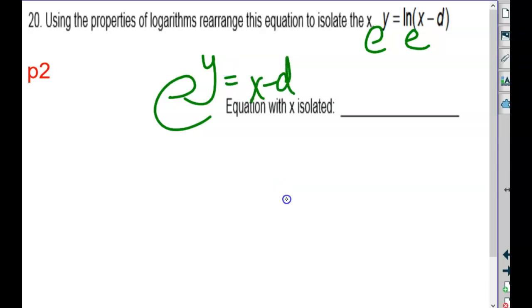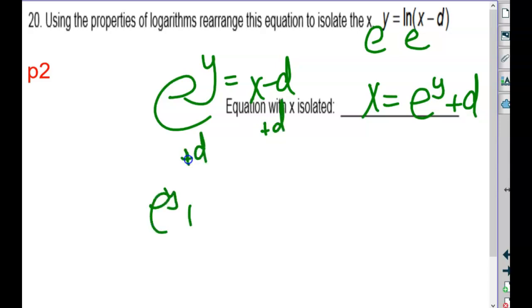X minus d, and then we're supposed to get the x by itself, so we'd have x equals... okay. If we add the d to both sides here, we have e to the y plus d equals x. Please make sure I can tell where all those numbers are. The only subscript or exponent is the y and the exponents. Everything else is regular size. We good?